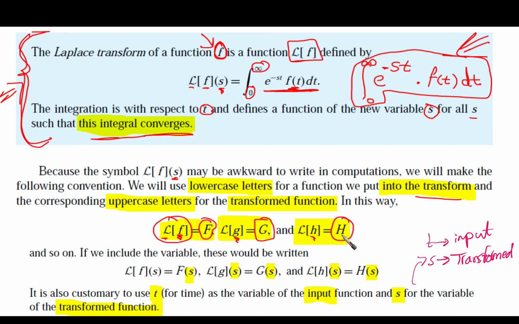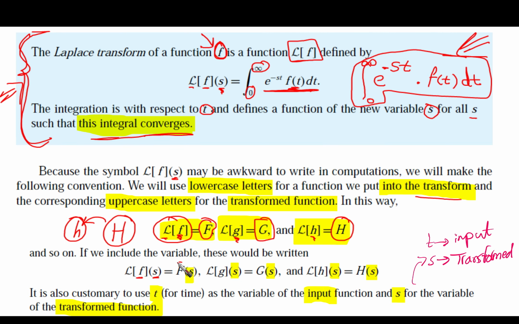It is uppercase. So whenever you see something like lowercase h, this means the input function. But whenever I put uppercase H, this means the Laplace transform of this function. Take care of the case of the letter, and so on. If we include the variable, this is the input function, with the new variable s.